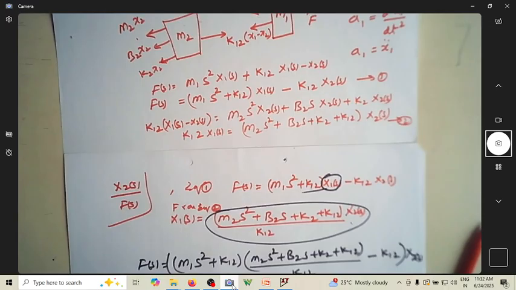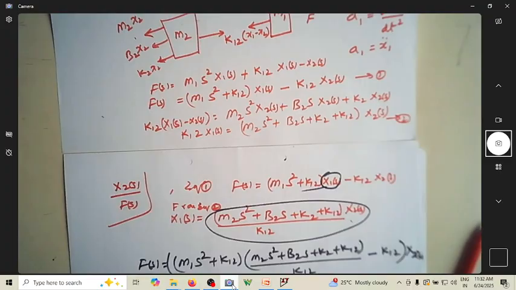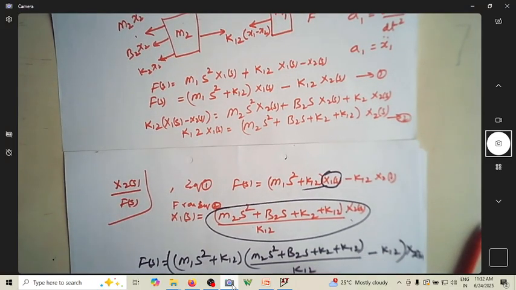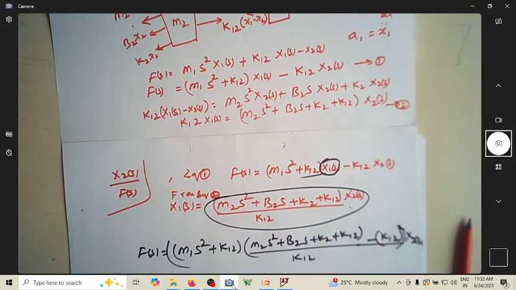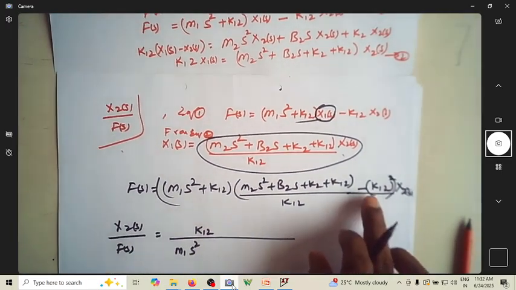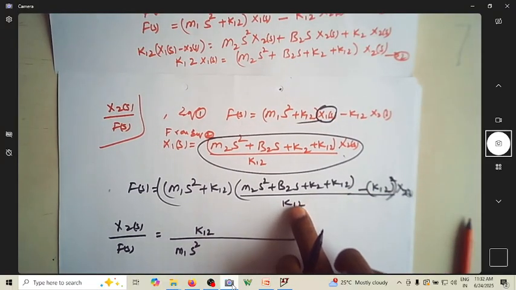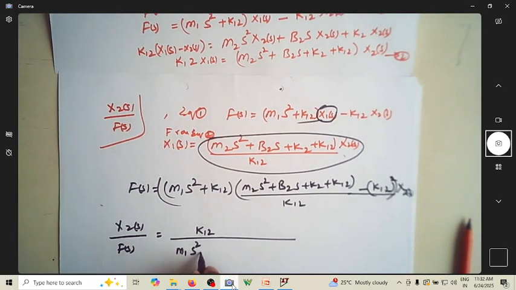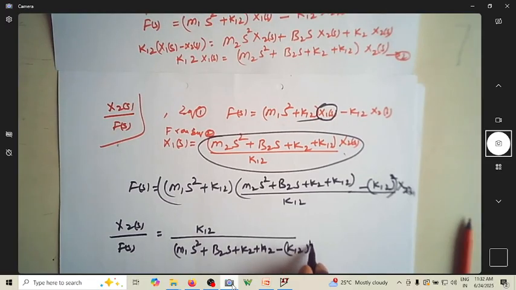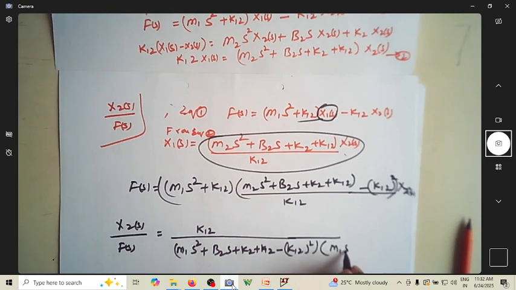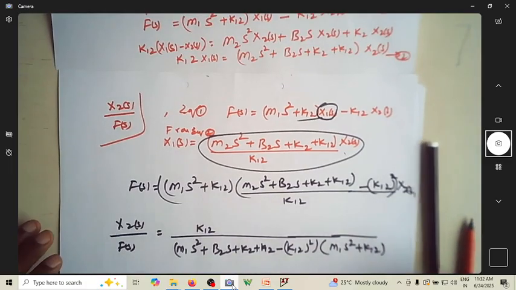So finally, x2 of s by F of s equals k12 divided by, taking k12 as a common factor, m1 s square plus k12 times m2 s square plus b2 s plus k2 plus k12, minus k12 whole square. This is the transfer function.